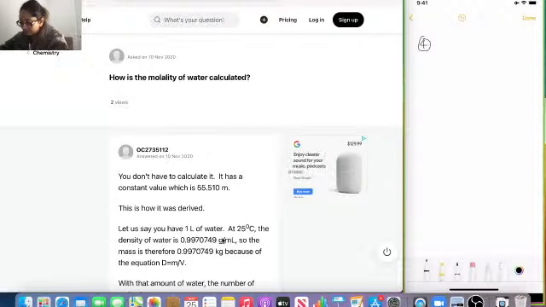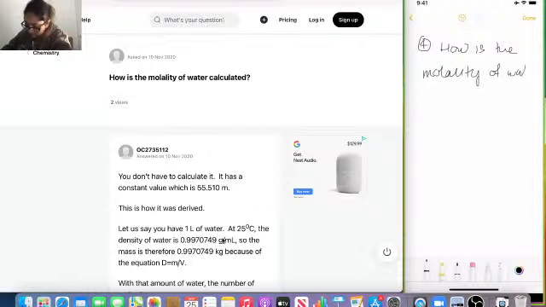So the molality of water, how is it calculated?